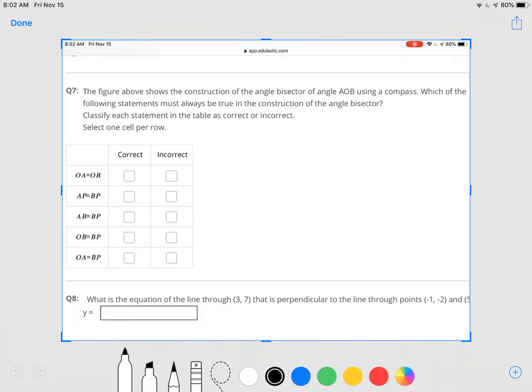The drawing was something like this. AOB was the original angle. Which of the following statements must always be true in the construction of the angle bisector? So this is AOB.